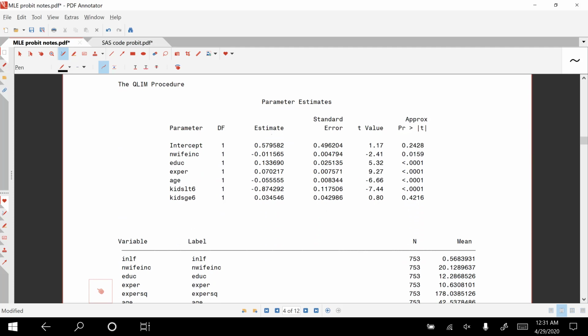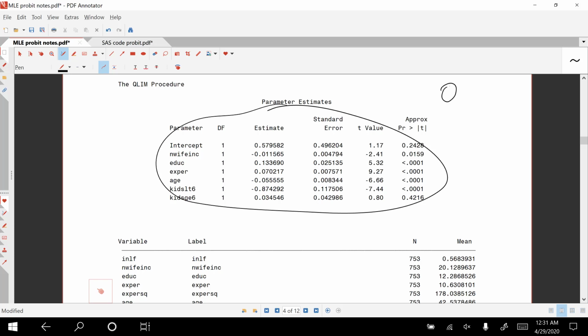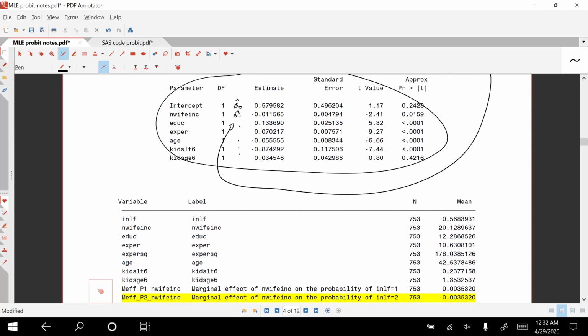And then we have the parameter estimates. So what are these parameter estimates that we get? Remember, these are the betas from that cumulative density function of x prime beta. Those betas inside are beta naught hat, beta 1 hat, and so on and so forth. So how do we go about interpreting those results? Well, you have to be a little bit careful.